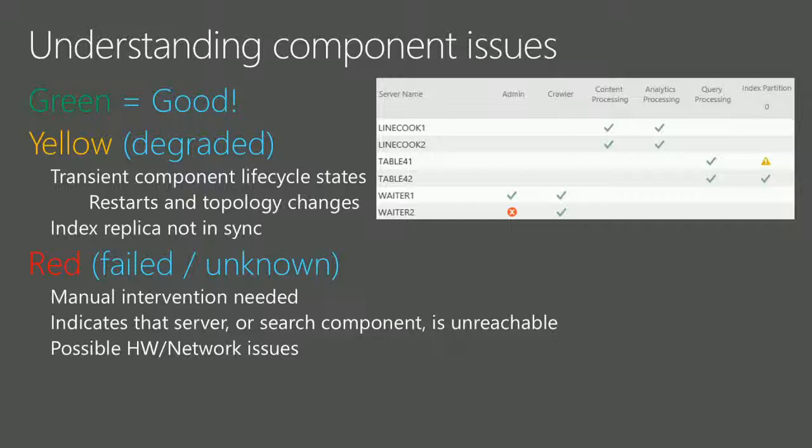It's unreachable for some reason. The yellow one is usually a degraded component. Most of the times I've seen it, it's on an index partition where the index is catching up, the replicas aren't in sync, so you're serving current search results from one and not from the other for one reason or another.